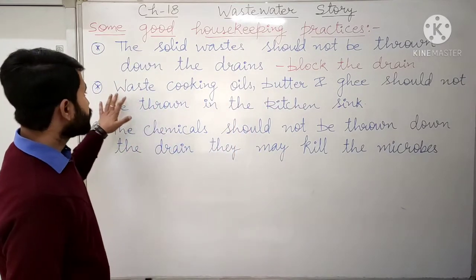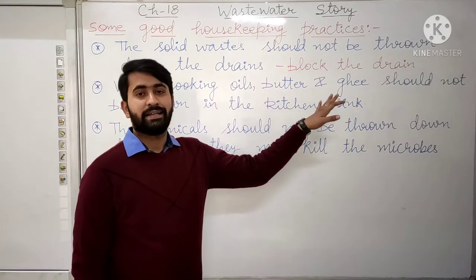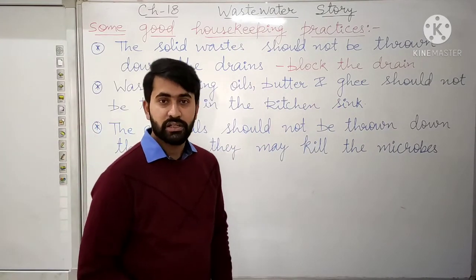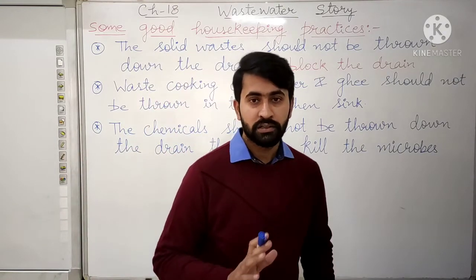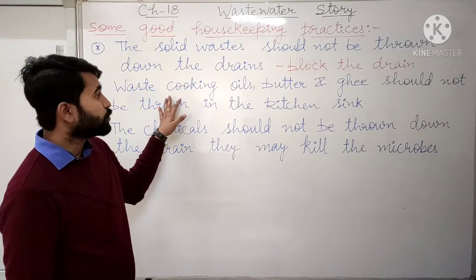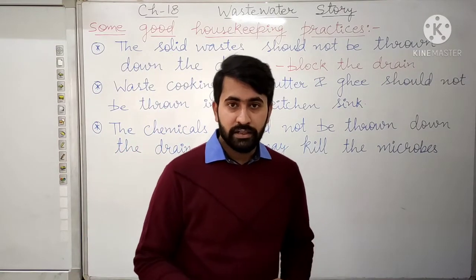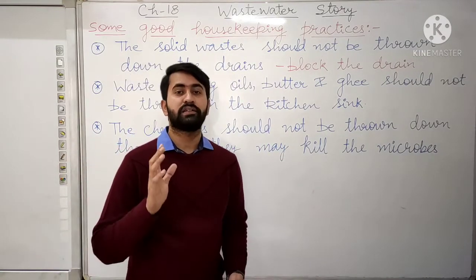The waste cooking oils, butter and ghee should not be thrown in the kitchen sink to go in the drain. This is because the cooking oils and the fats may get hardened and may block the drain pipes.